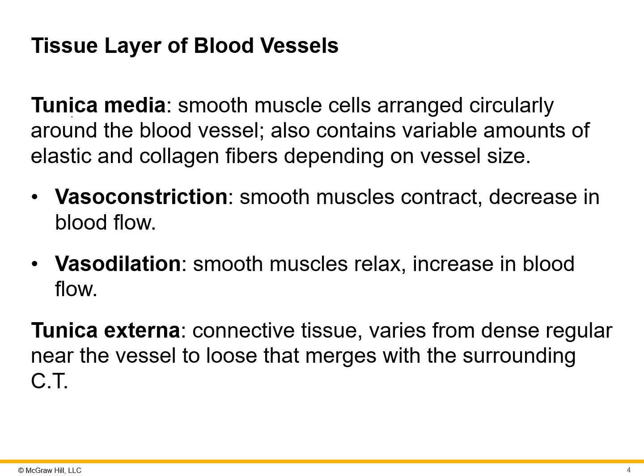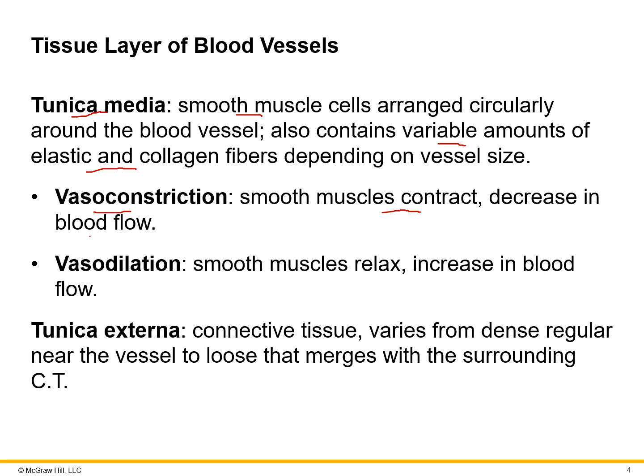Then we have the tunica media. This is going to be the smooth muscle cells that are arranged circularly around the blood vessels. This also has some amounts of elastic and collagen fibers, depending on the size of the vessel. And then a couple terms that we'll use, which we've already used a little bit. Vasoconstriction is when those smooth muscles contract.